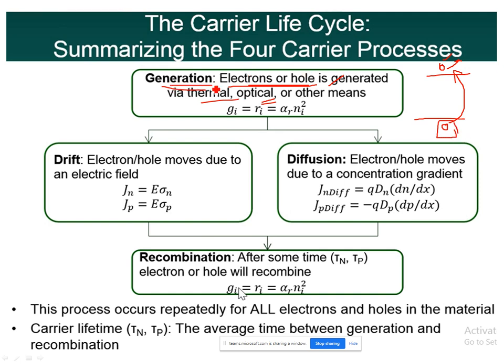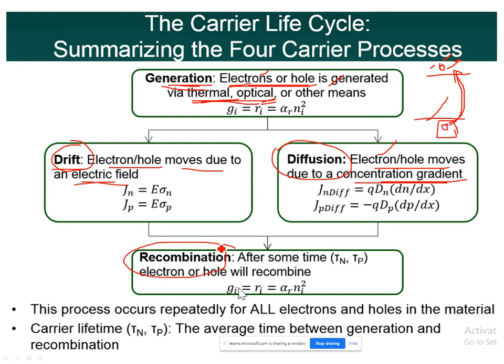So generation happens due to some energy gained by the electrons, whenever an electron gains energy and shifts its energy level. What is drift current? The electron or hole moving due to some electric field, some force, is called drift current. What is diffusion current? Electron or hole moving due to a concentration gradient, a difference in concentration, then we can say that diffusion current exists.